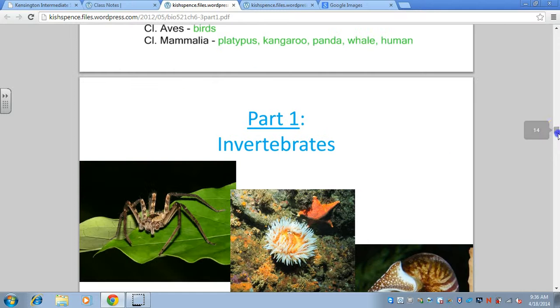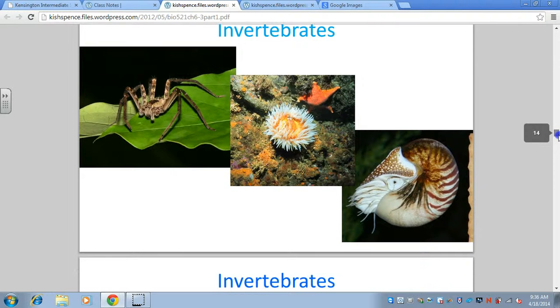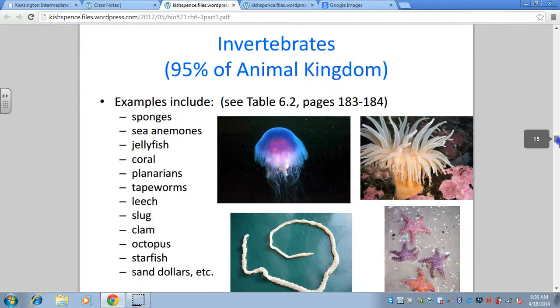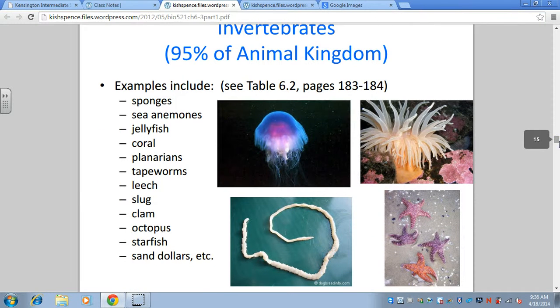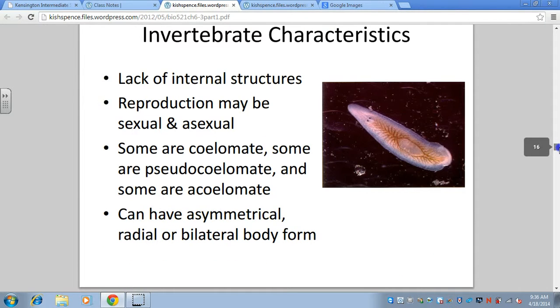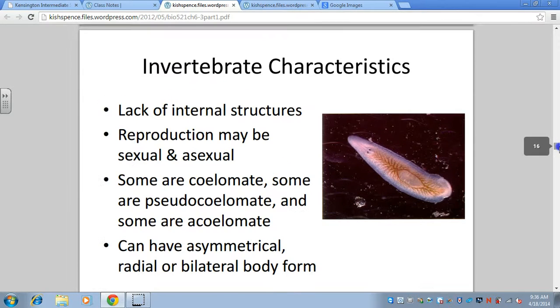So the first phylum is the most primitive. Again, this section is focusing on the invertebrates, which include 95% of the animal kingdom. Okay, and those are all different examples. Invertebrates in general lack much for internal structures.